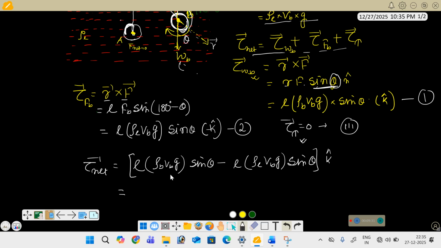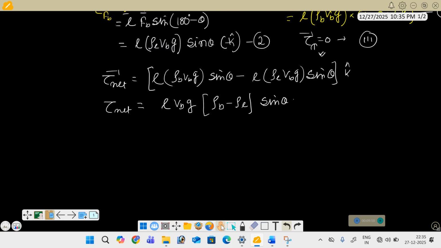So now this can be written as tau net as L Vb G is common, so (rho b minus rho L) into sin theta.